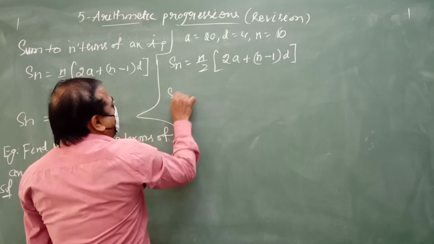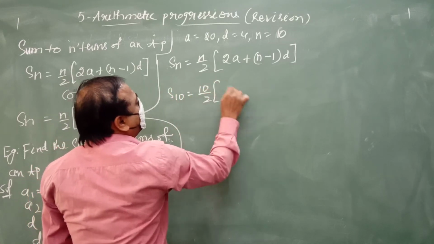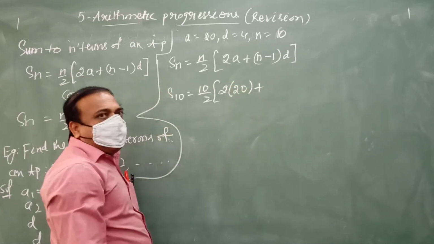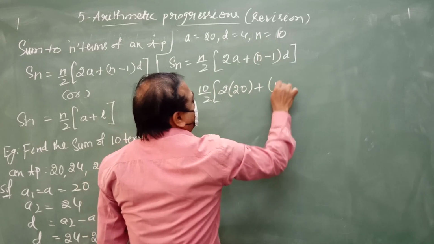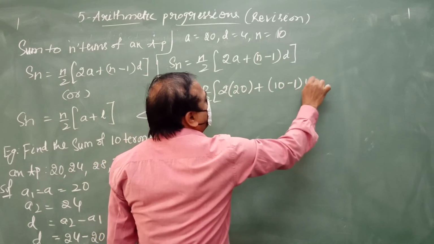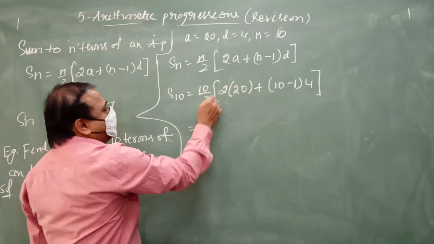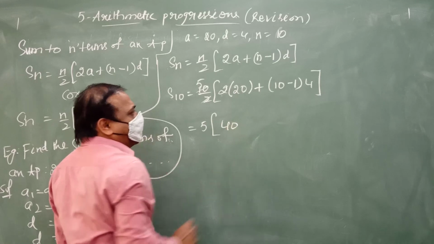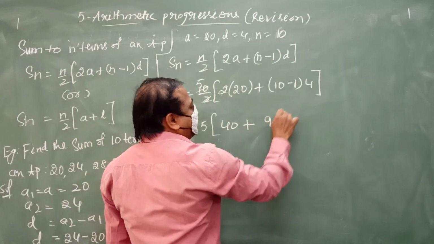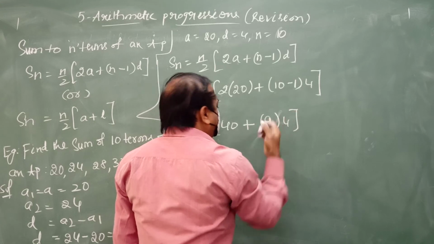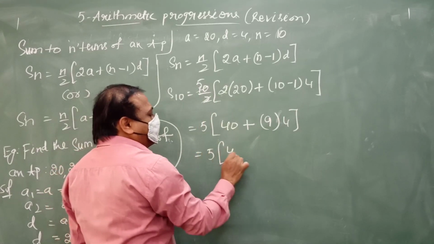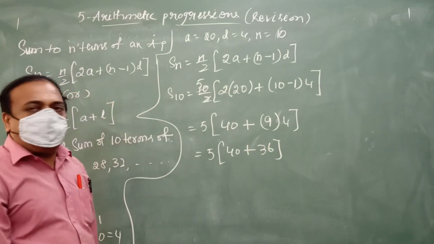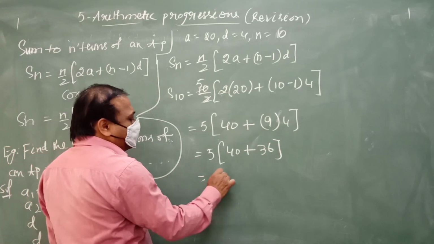So S10 is equal to 10 by 2 into 2a. The a value is how much? 20, plus n minus 1. The n value 10 minus 1 into the d value 4. So 2 ones 2, 5 into 2 into 20 is 40, plus 10 minus 1 is 9 into 4, which is 5 into 40 plus 9 4s are 36. 40 plus 36 is 76.